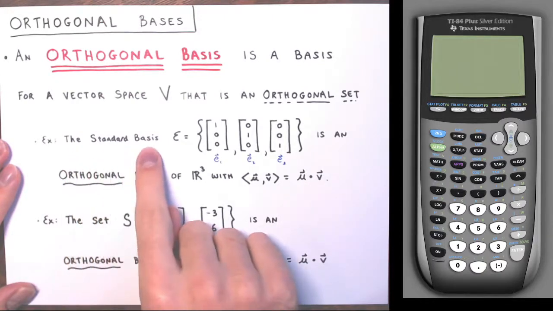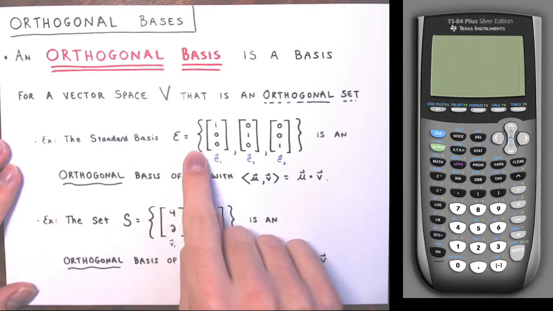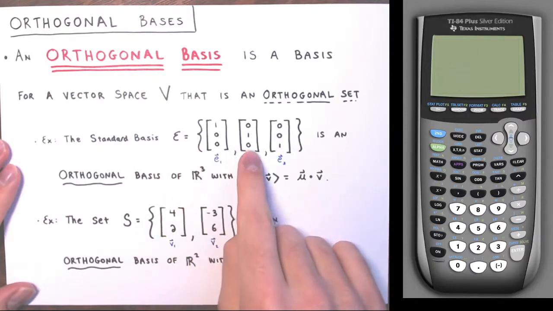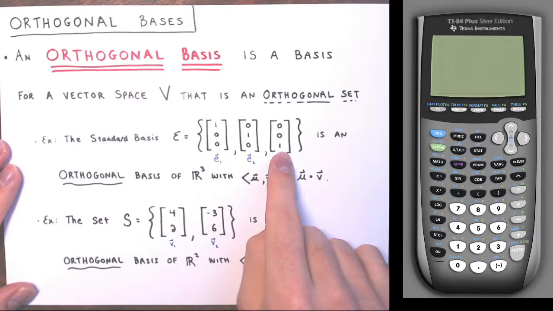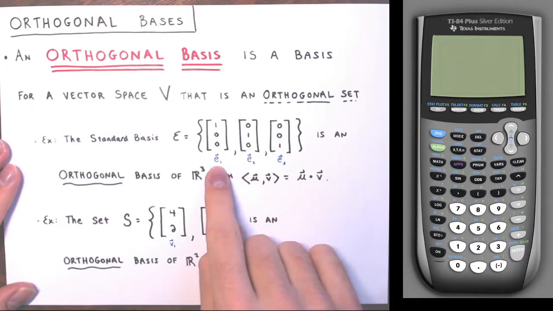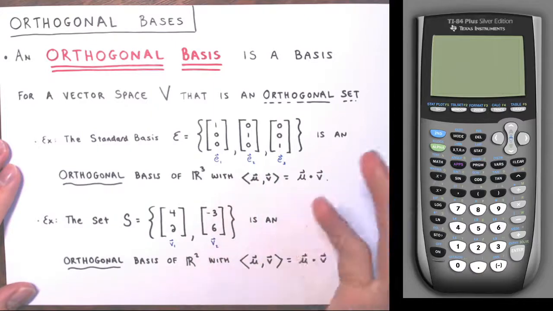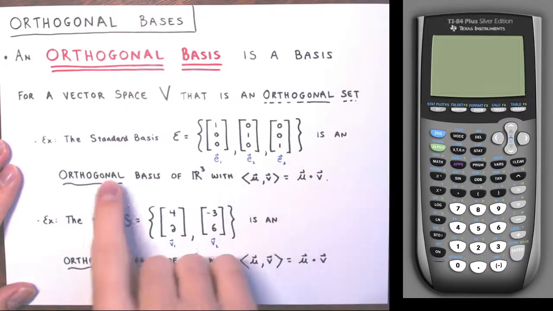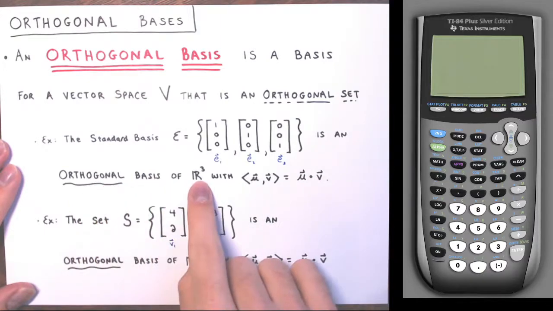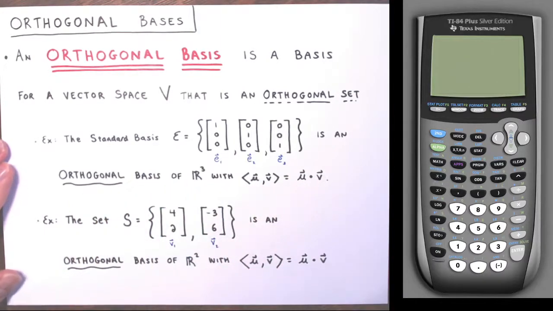So the standard basis, this fancy E set with (1, 0, 0), (0, 1, 0), (0, 0, 1), usually called E1, E2, E3, or i, j, k in some physics texts, is an orthogonal basis of R3 under the dot product, under the standard inner product.